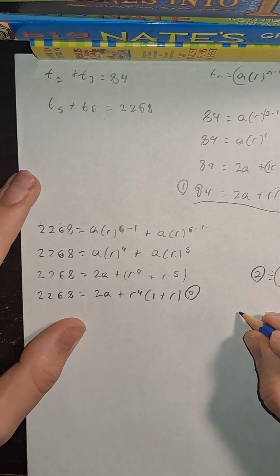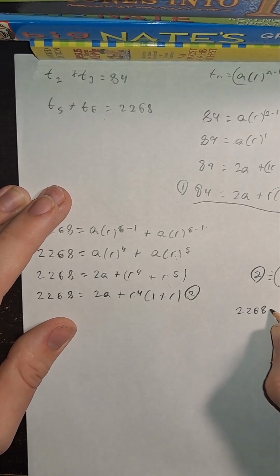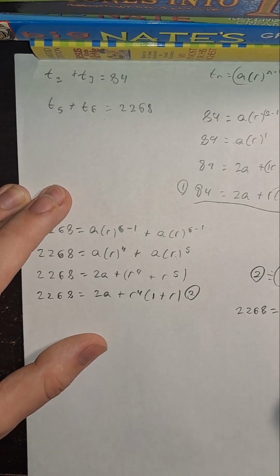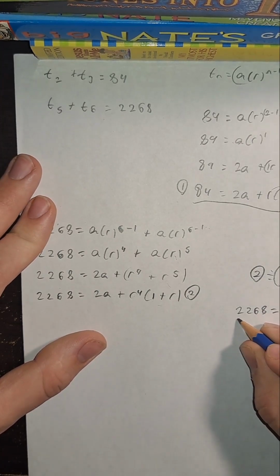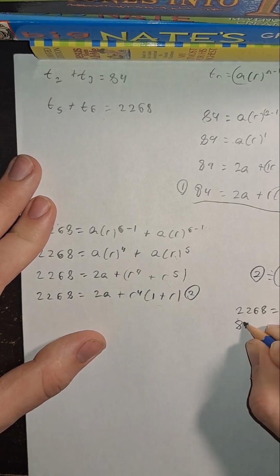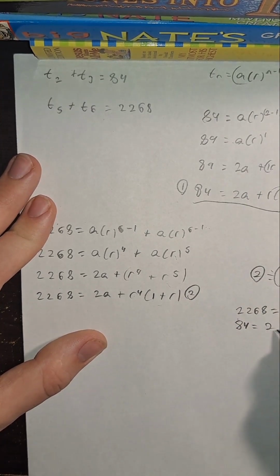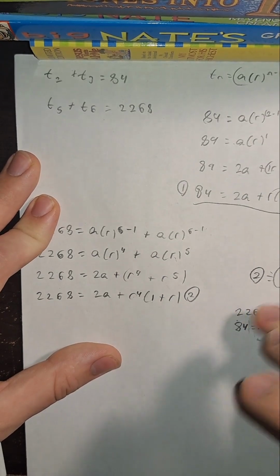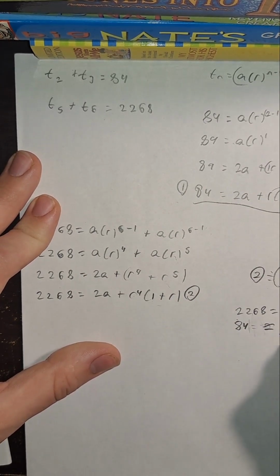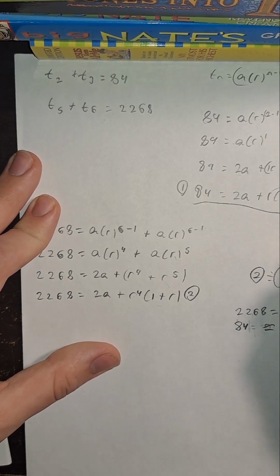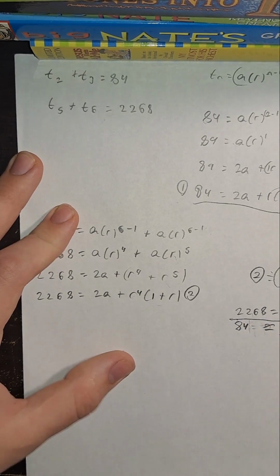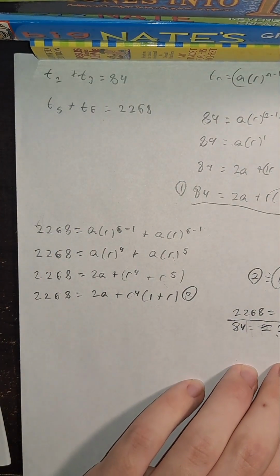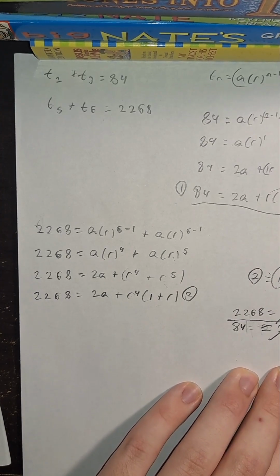So we're going to have 2268 is equal to 2a times r to the 4 times (r plus 1), I'm going to flip the order in the brackets just to make my life easier, all over 84 is equal to 2a times r, single r, times (r plus 1). So, because we're dividing, if anything on both sides is the same, we get to cancel it out. So 2a can go. R plus 1 can go.